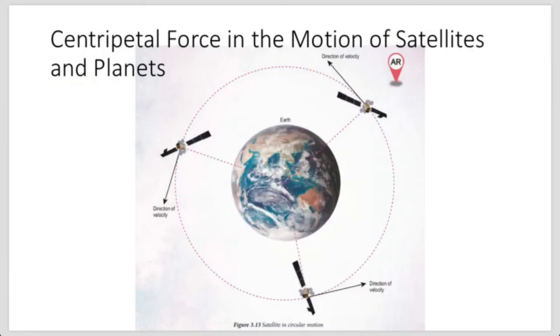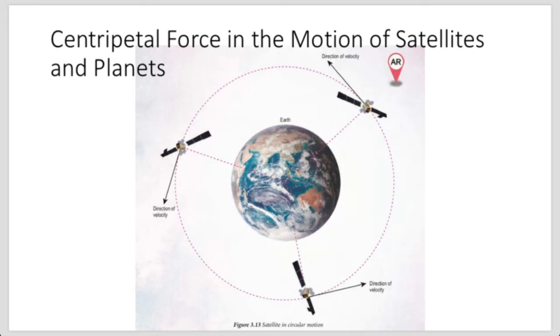So what scientists have discovered is that if the satellite is moving at exactly the right speed, and at the right distance away from the Earth, you can have a satellite that keeps on moving forward, and it never really goes away.